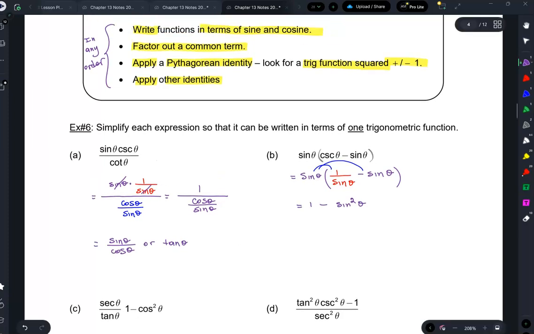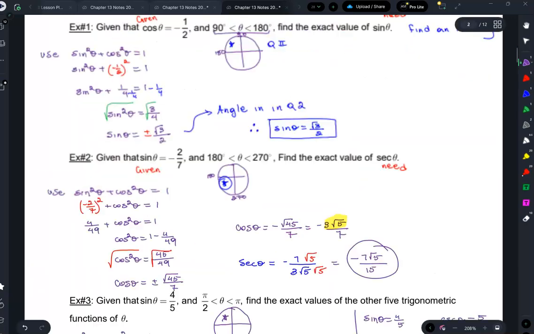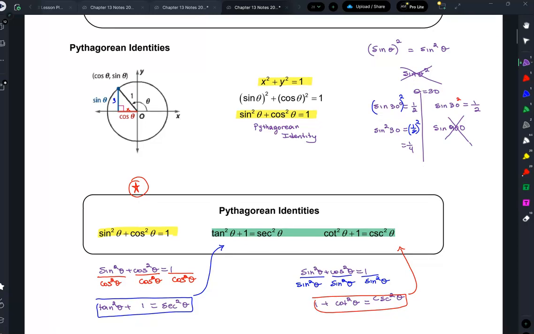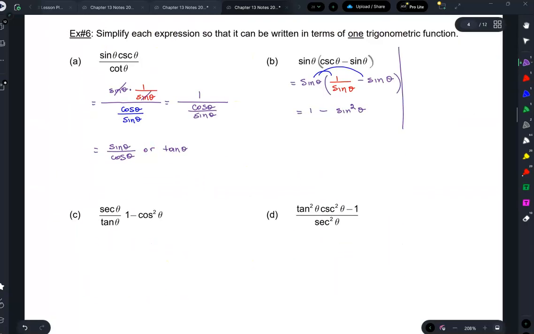Now, this is where this third thing comes in. Apply a Pythagorean identity when you have a trig function squared plus or minus 1 with it. So this is the one with the sine squared. When you look on that first page, that's that first Pythagorean identity. So let's just write that here.